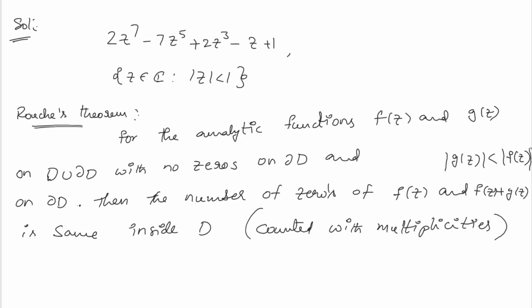Then the number of zeros of f of z and f of z plus g of z is the same inside D. And we have to choose in such a way that f of z plus g of z should be this entire polynomial.